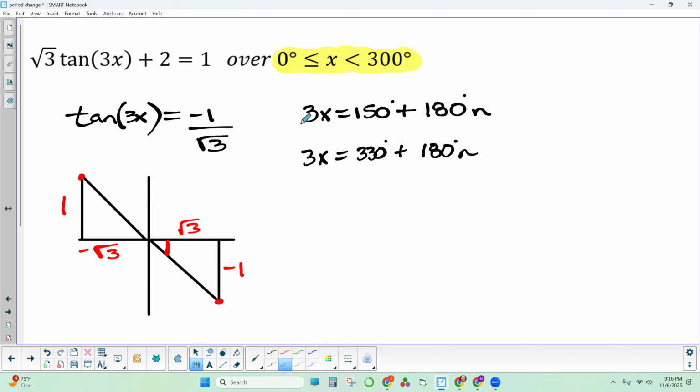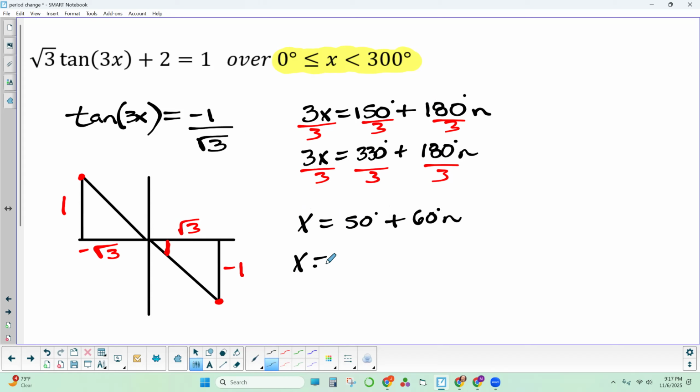So now I need to divide by 3. So I'm going to divide everything here by 3. And that will give me x equals 150 over 3 is 50 degrees plus 180 over 3 is 60 degrees N.